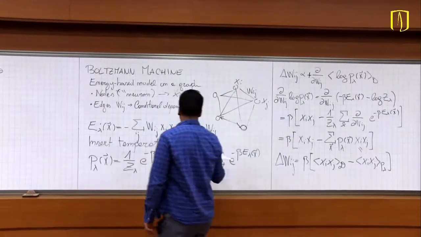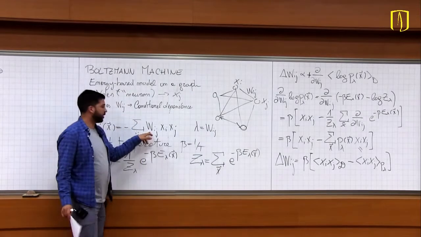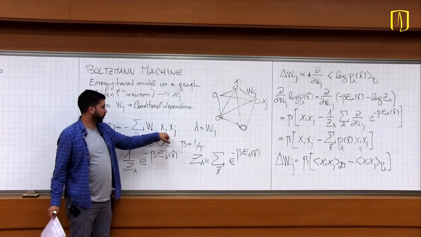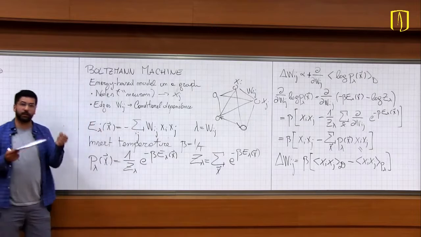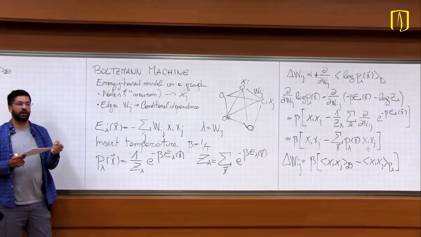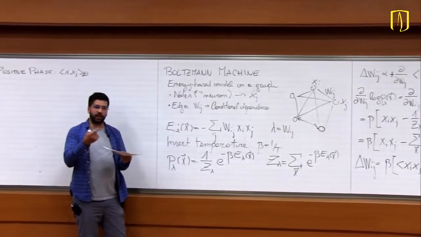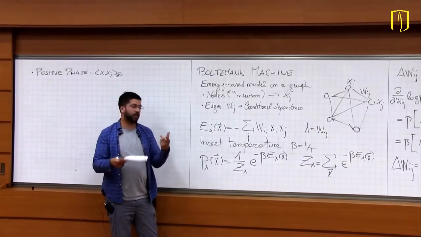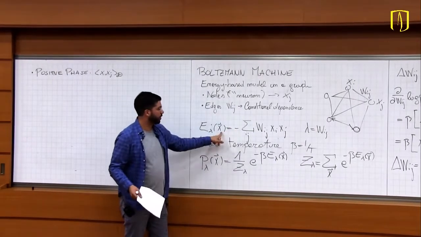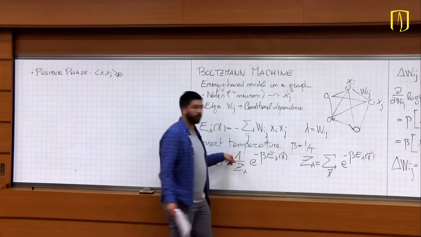And so if we increase the interaction and these are positive, we are trying to decrease the energy for states that contain this type of feature, this type of correlation. And decreasing the energy means that we increase the probability.